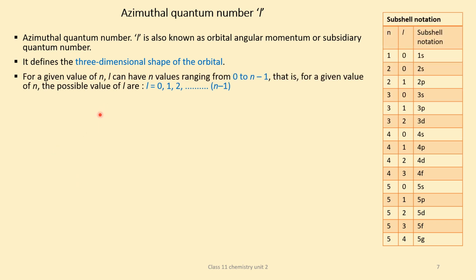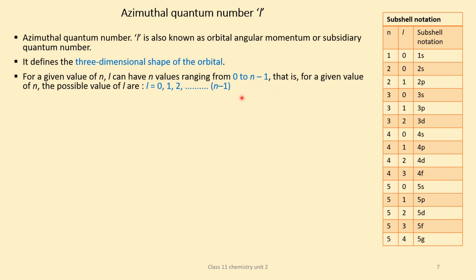For a given value of n, l can have n values, so l depends on n. l can have n values ranging from 0 to n minus 1. Please note it starts from 0. The value of l starts from 0, whereas the value of the principal quantum number n starts from 1. So here l starts from 0 to n minus 1.